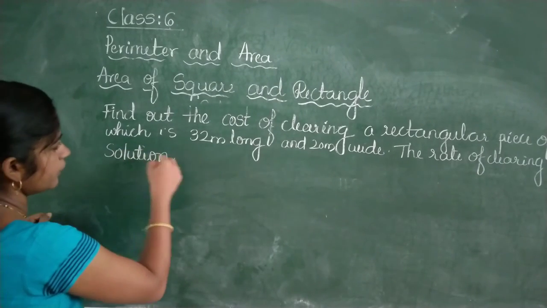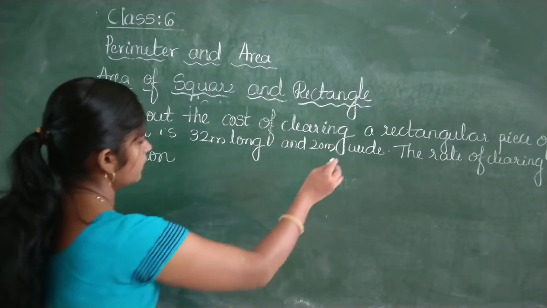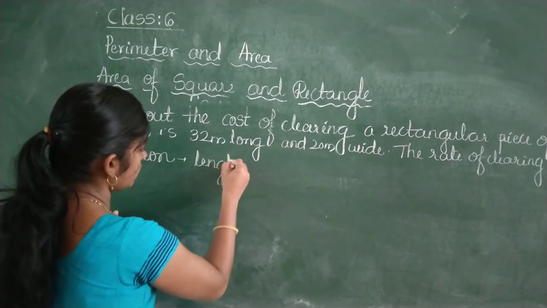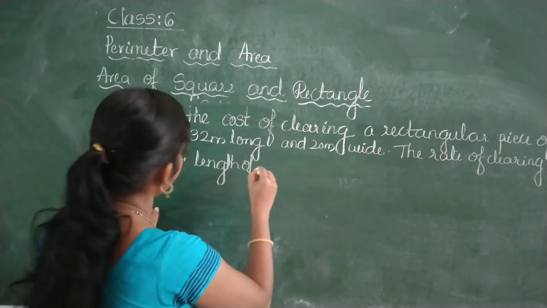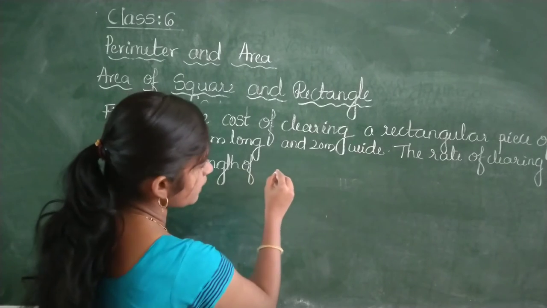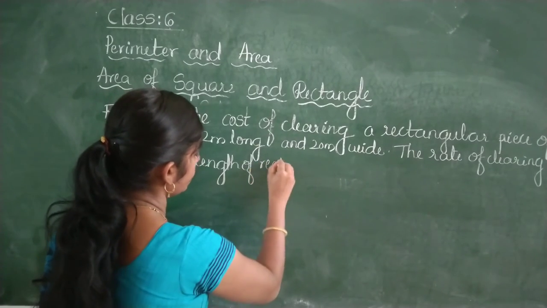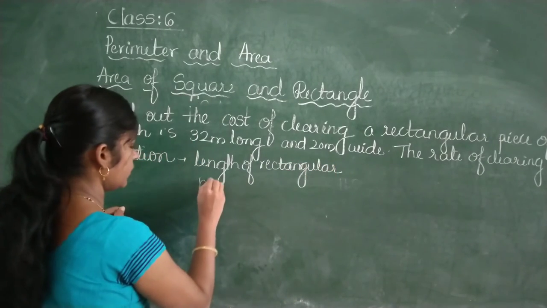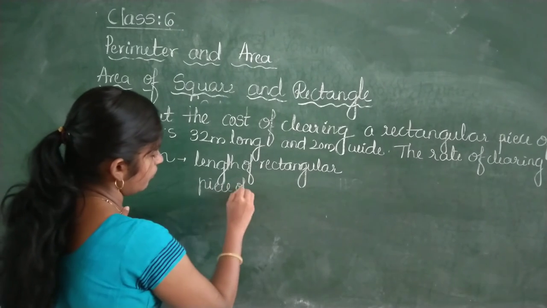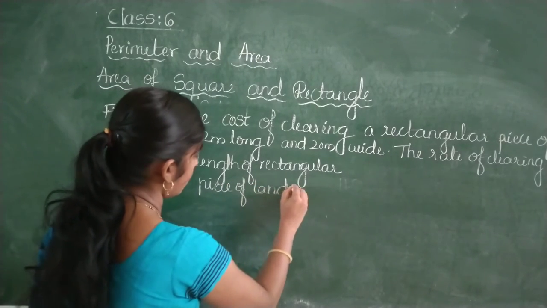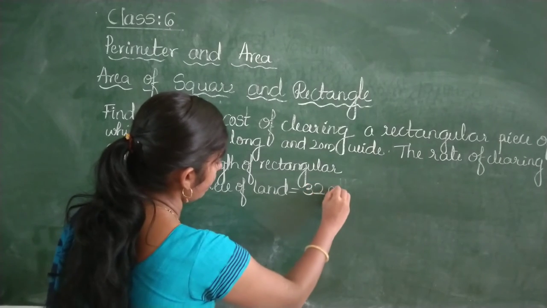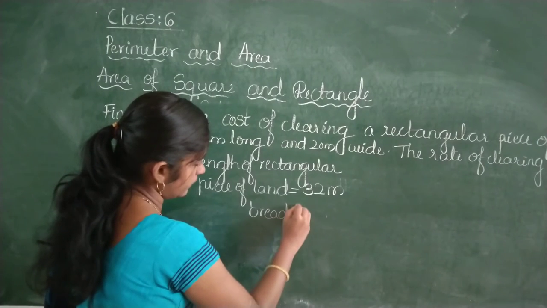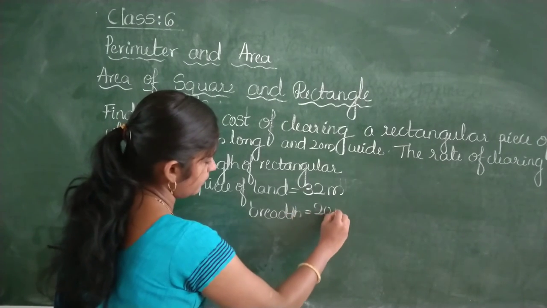See, 32 meter long and 20 meter wide. So the length of the rectangular piece of land is 32 meter long, and its breadth is 20 meter wide.